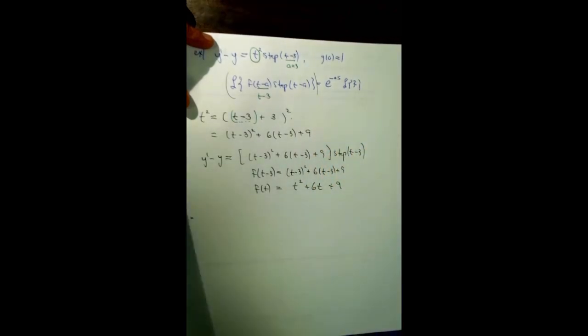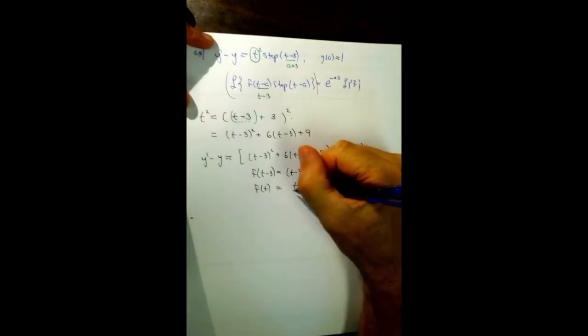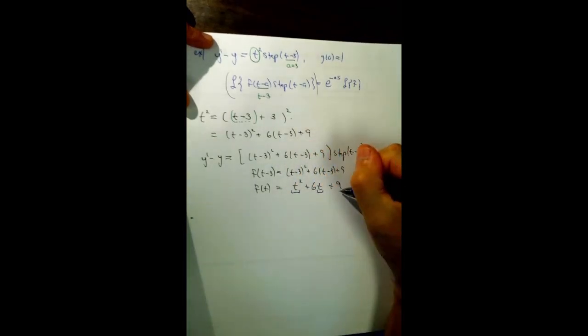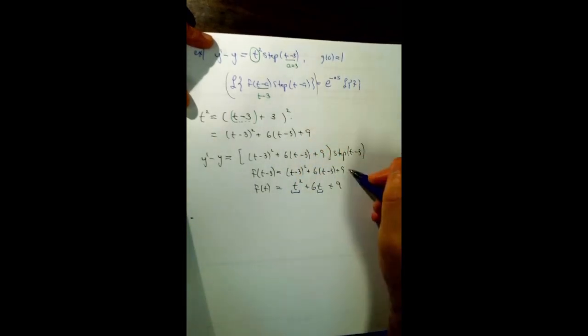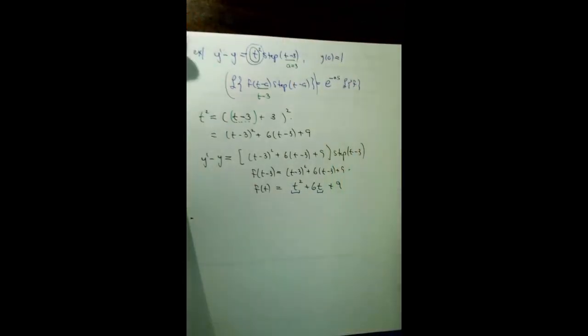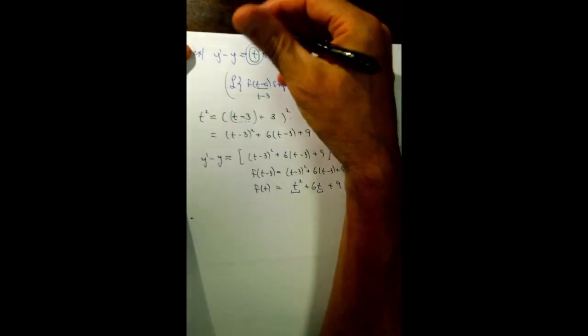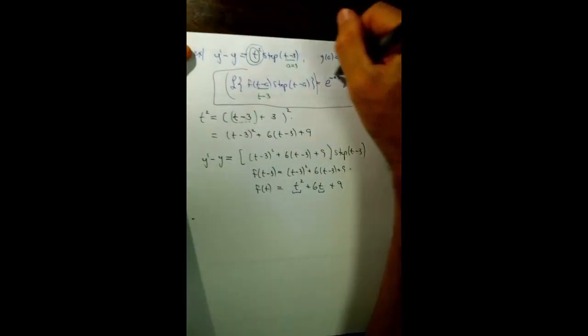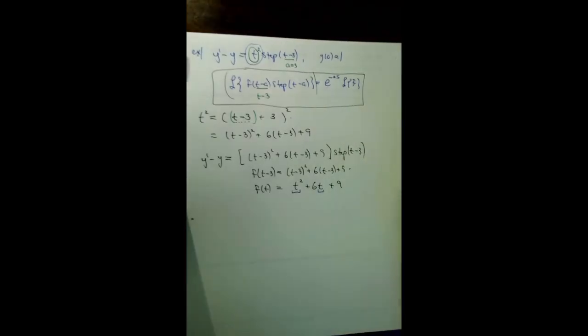Right? So if everywhere I see a t, I replace it with t minus 3, I get this, which is going to be equal to that term up there. Now I can use this property, and I can deal with the Laplace transform.